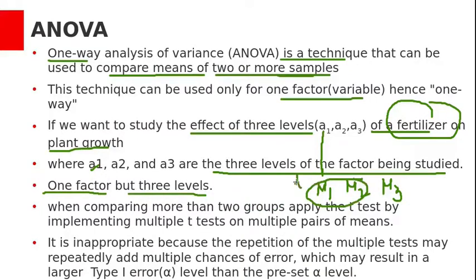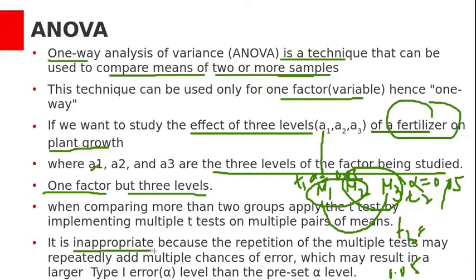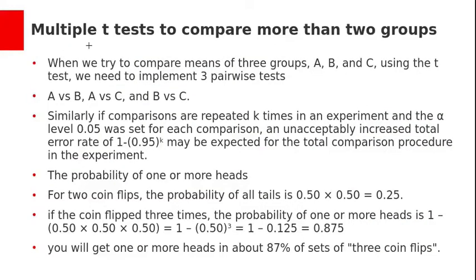If we perform a t-test between mu1 and mu2 with alpha, suppose 0.05, and a second t-test between mu2 and mu3 with alpha again 0.05, this is test 2, and again we need to do one more test to compare mu1 and mu3, which is test 3, again alpha 0.05. The cumulative alpha level would be more than 0.05. So it is inappropriate to use multiple t-tests to compare more than two means. Let's see that in detail.